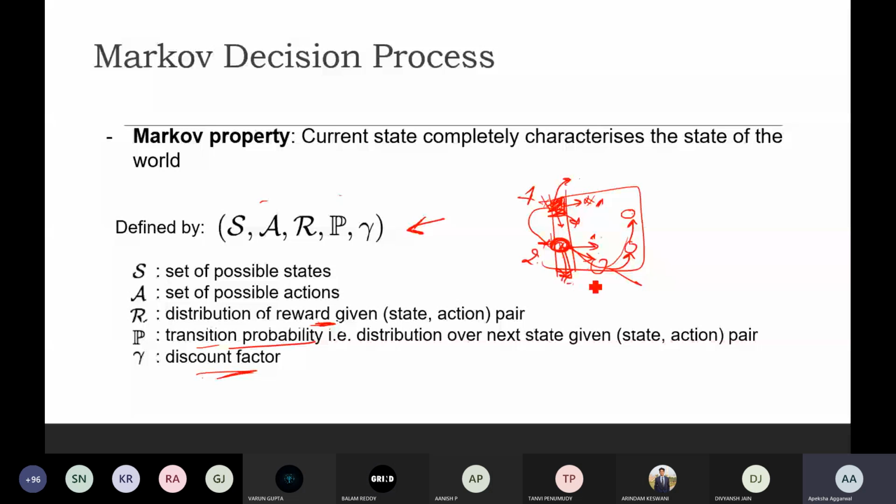The discount checks how much weightage I want to give to the reward of moving from position 2 to position 3, or moving from position 2 to position 4. If moving from position 2 to position 3 was very important, I'll give more weight to it. So the discount decides how much reward I want to give while moving from one state to another.